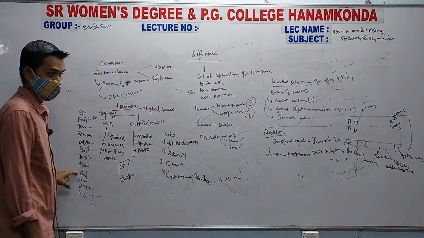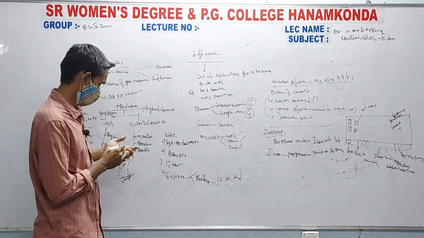So these are the different key buttons which are present in the keyboard.